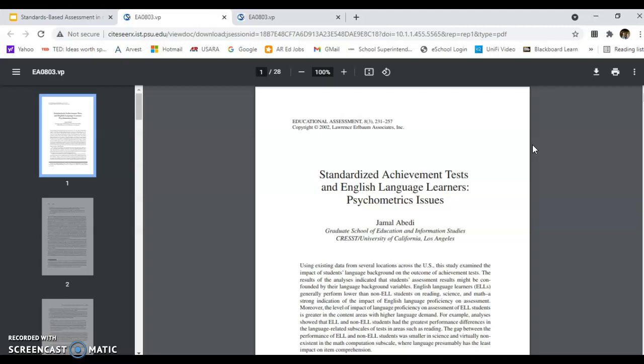And they said that it could be. And then the other question they were asking was, could the linguistic complexity of test items, as a possible source of measurement error, influence the reliability of the assessment? And they said that the language might act as a source of measurement error.